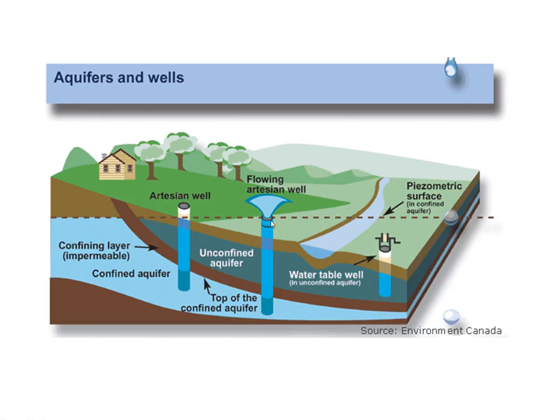In this case, though, the surface of the well is at or below the water table of the confined aquifer, so it does flow. Whereas this normal water table well that leads into an unconfined aquifer, one that flows to the surface, is just a normal well, and since the water is not under pressure, it doesn't ever flow out, no matter how low it is to the surface.